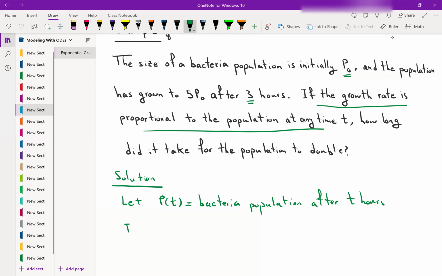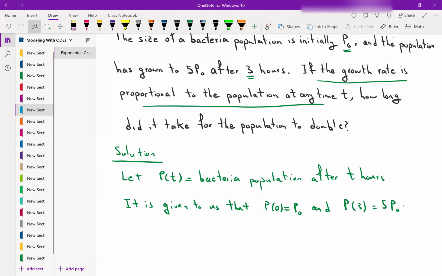So it is given to us that P of 0 is equal to the known number P naught, and P of 3 is equal to 5 times P naught. All right, very good. So that we know.